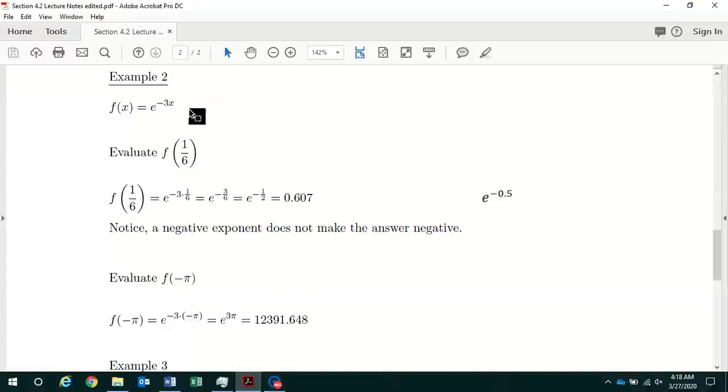To do that, we just put in minus pi for x up here, and we have f of minus pi is equal to e to the minus 3 times minus pi power. Minus 3 times minus pi is plus 3 pi, and again, using your calculator, e to the 3 times pi power to 3 decimal places is 12,391.648.